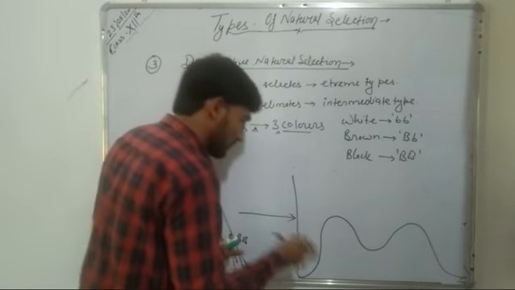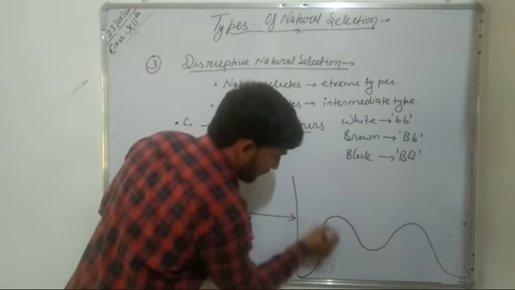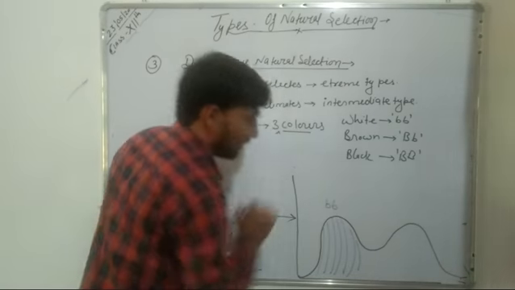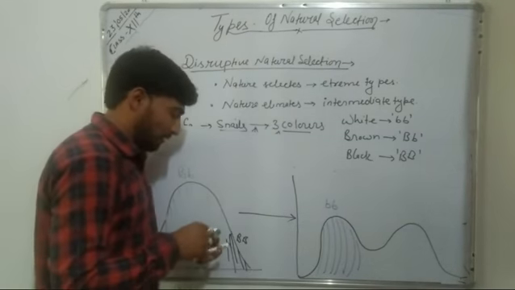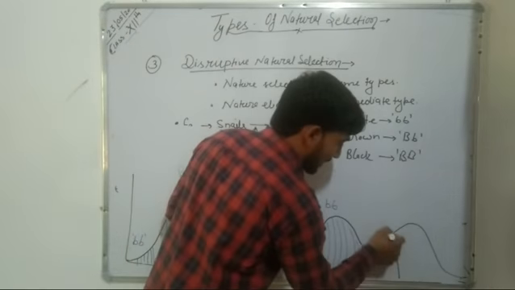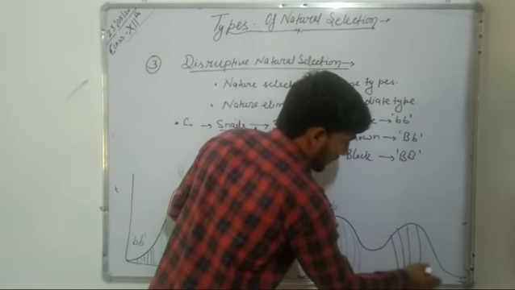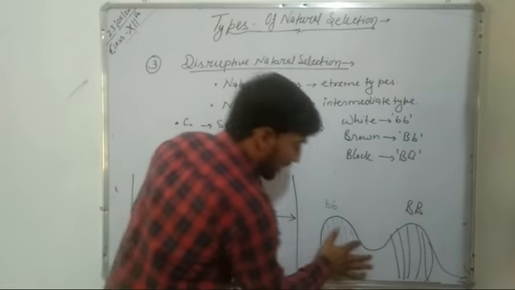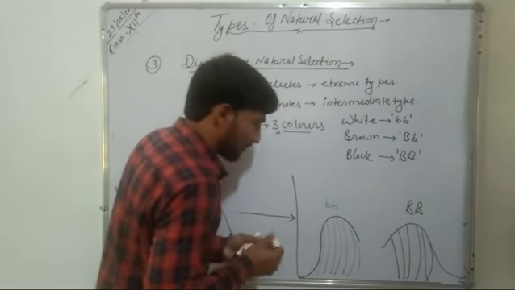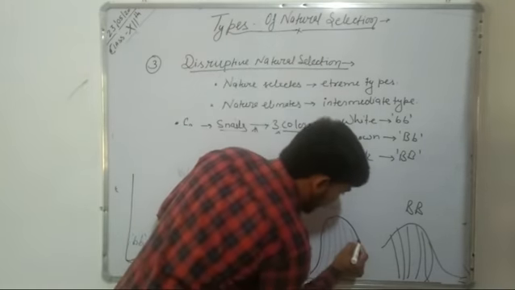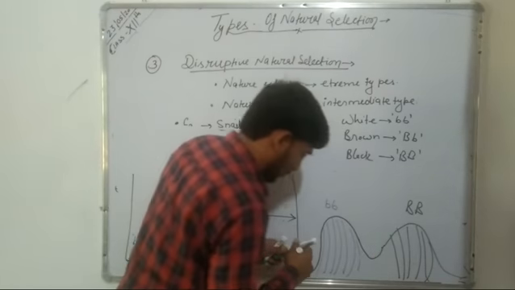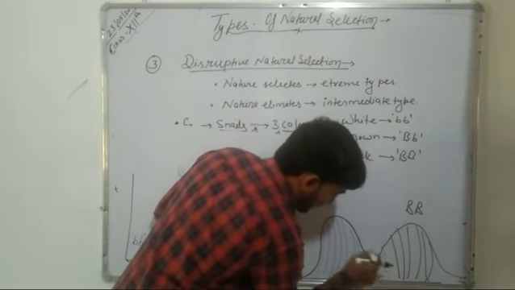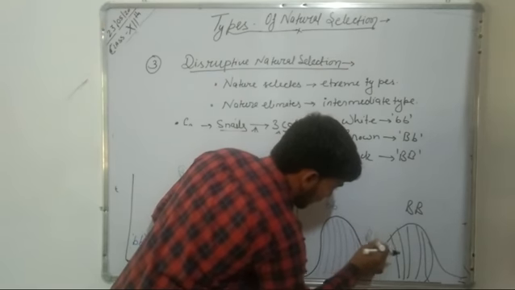The extreme position having white colored snails, small b and small b, increased in number, and the other extreme position, black snails, capital B and capital B, also increased in number. But the brown snails, capital B and small b, decreased in number.